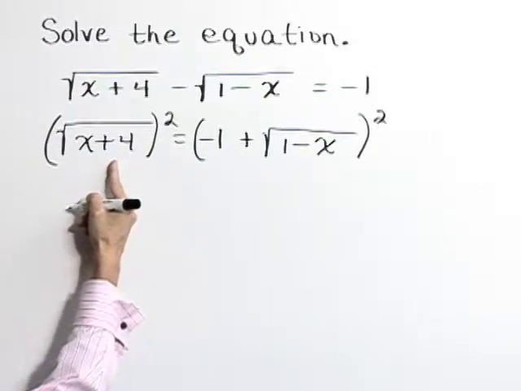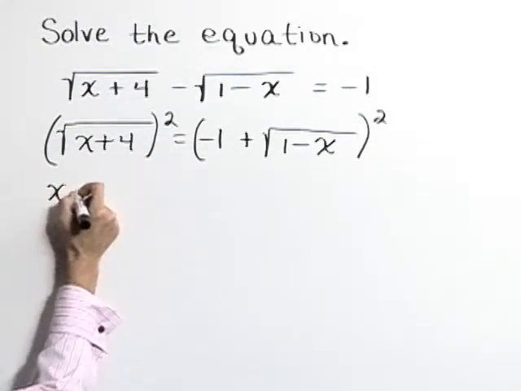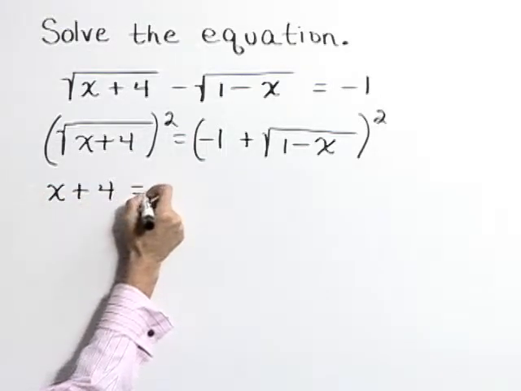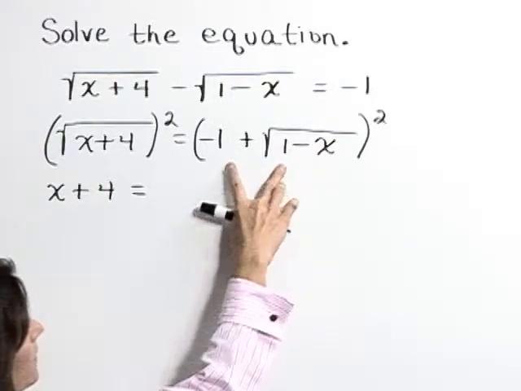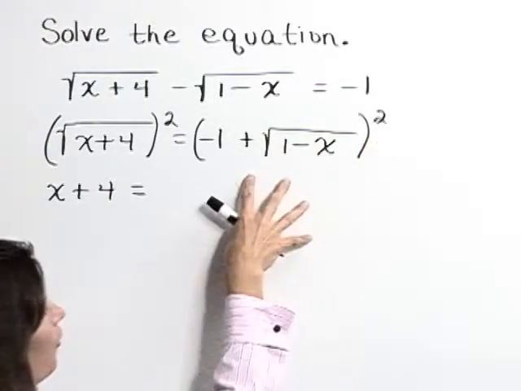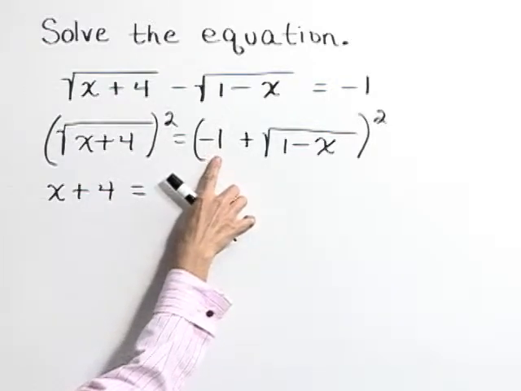The square root of x plus 4, quantity squared, is equal to x plus 4. Now on the right-hand side we have a binomial squared. Don't forget to FOIL that out. As we do, we'll get that first term squared.